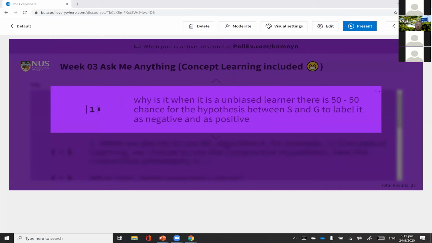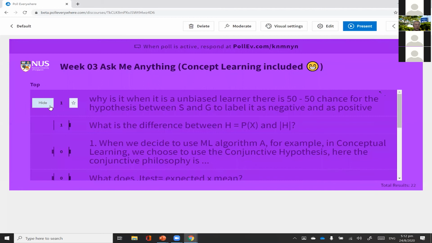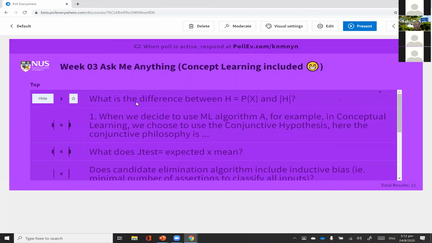So great. Let me get that out of the way. Okay. What is the difference between P of X and the size of H? P of X has to do with the probability of a particular occurrence in our data, right?